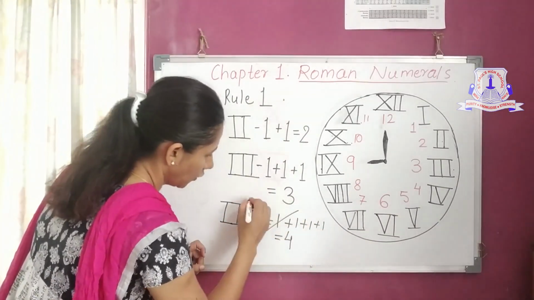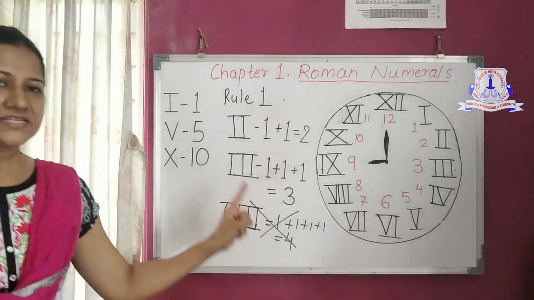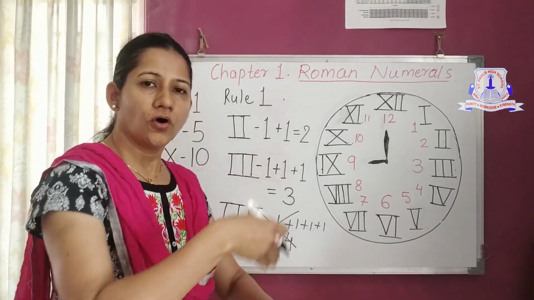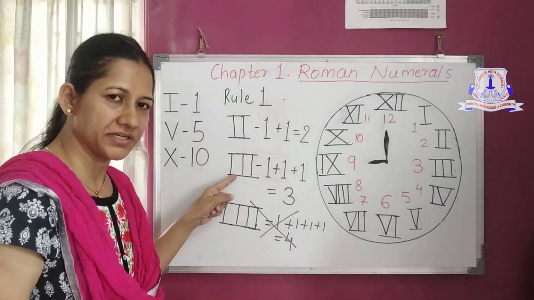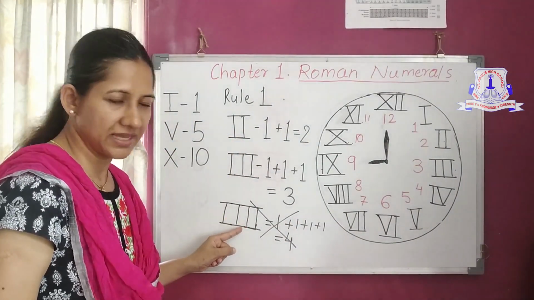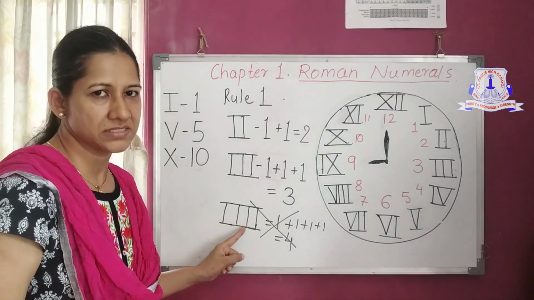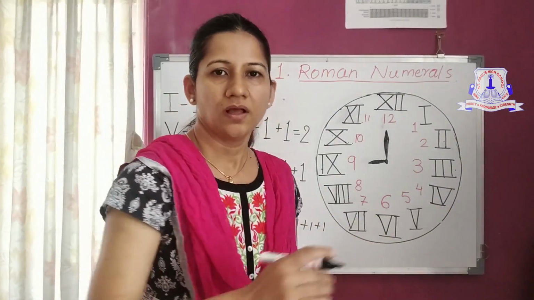It will be wrong, because this rule will not hold good for more than 3 times. It will be only for 2 or 3 times. For more than 3 times we cannot write 4 in this manner. For that, there is some other rule.